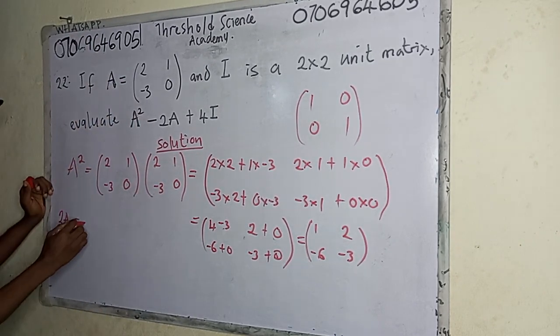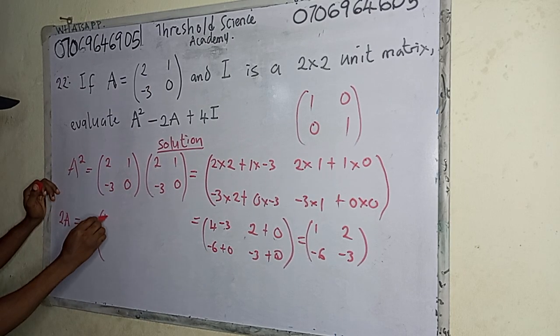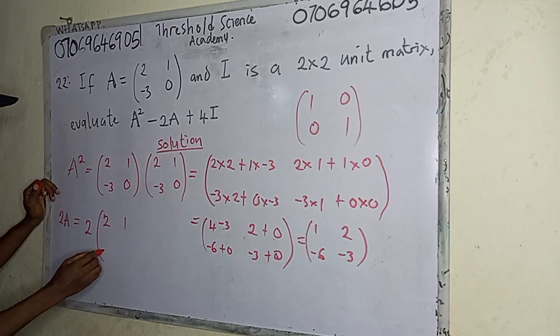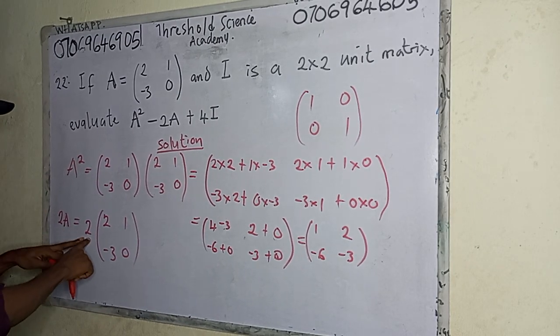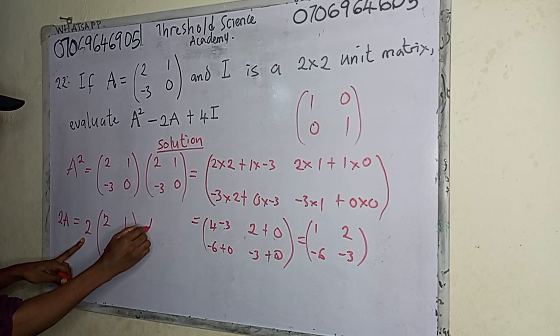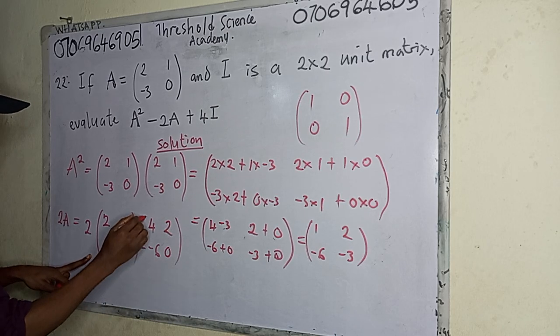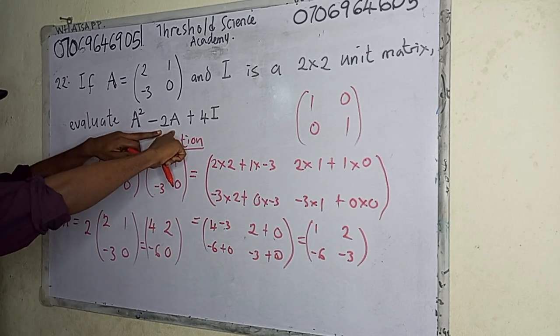So that's 2 times the matrix A, which is 2, 1, minus 3, and 0. I use the 2 to multiply every element inside matrix A. 2 times 2 is 4. 2 times 1 is 2. 2 times minus 3 is minus 6. And 2 times 0 is 0. So that's the second term, 2A.